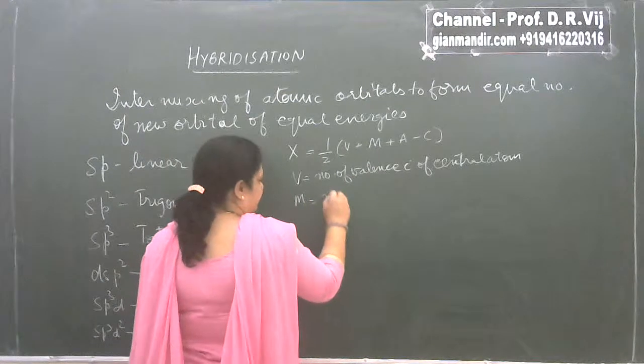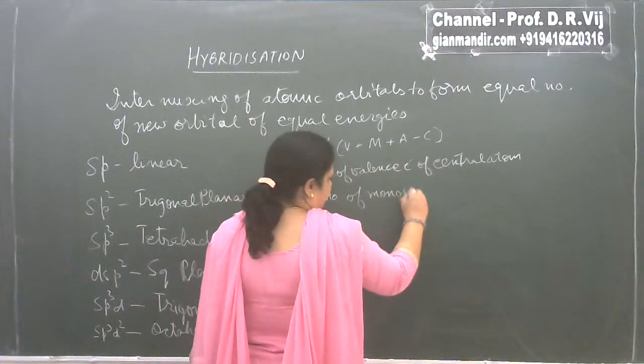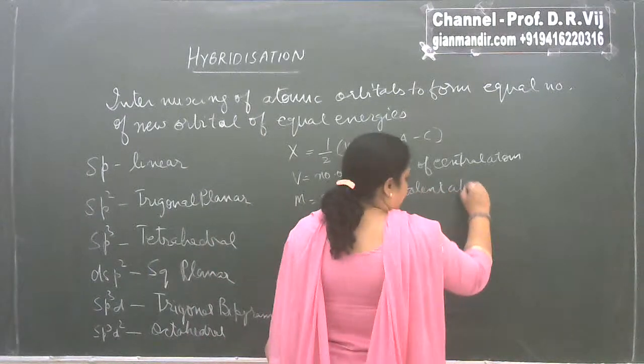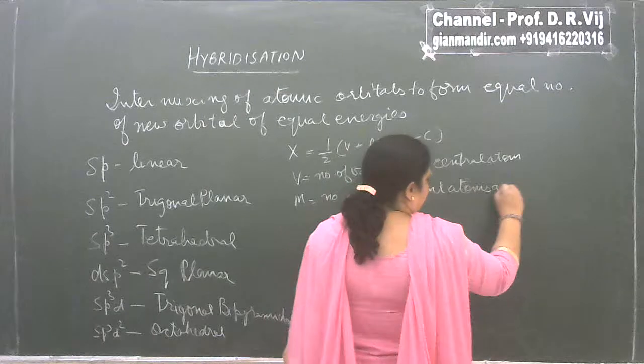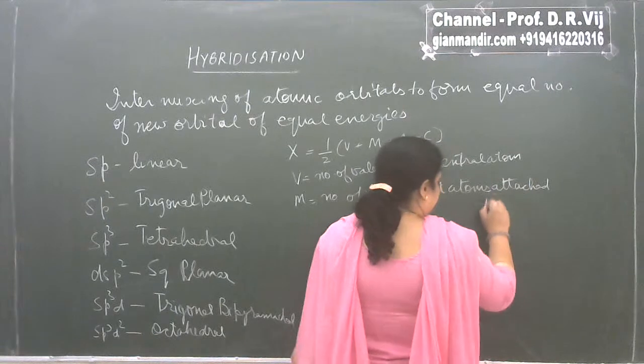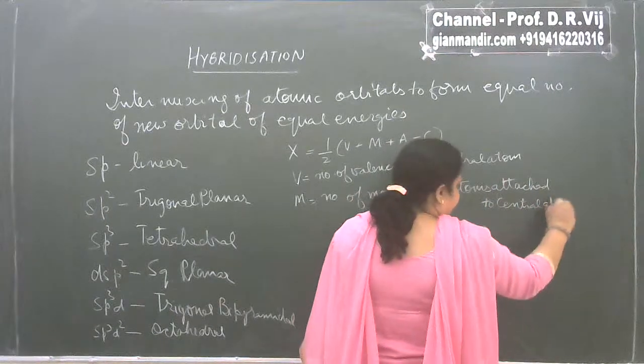M is the number of monovalent atoms attached to the central atom.